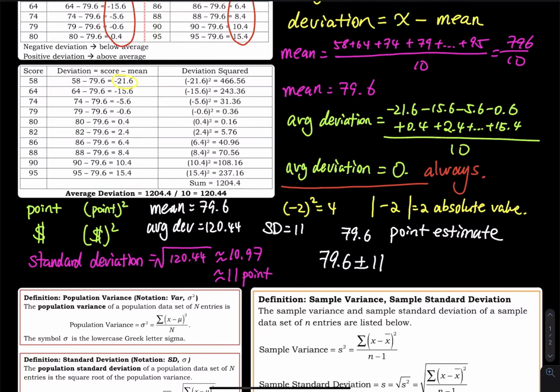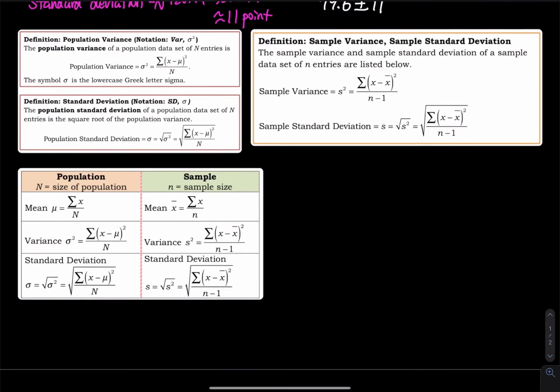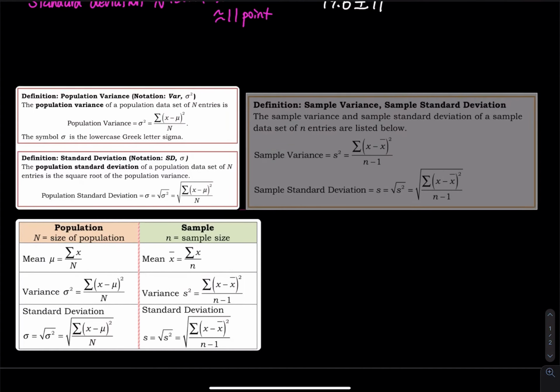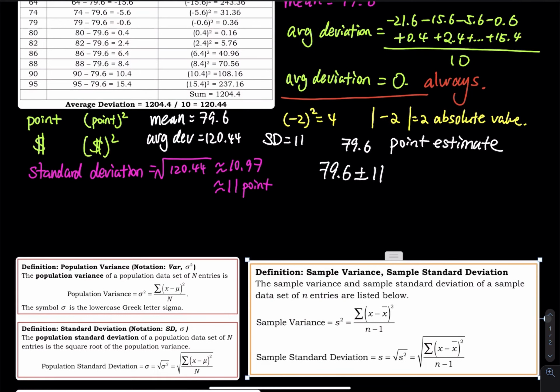Let me move these two pictures down a little bit so I can get more space to do the writing. Plus or minus 11, that means you have 79.6 plus 11, that equals 90.6. And then you take 79.6 minus 11, that equals 68.6. So this creates an interval estimate, 68.6 comma 90.6.